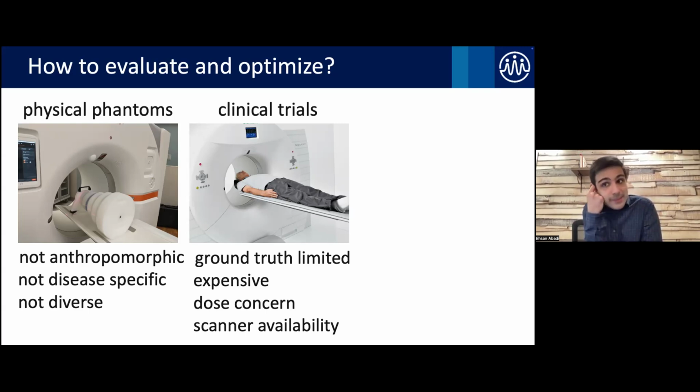These images are expensive to acquire. If you want to study different settings, you need repeated imaging. That's also not viable through patient images. You cannot image a patient three different ways. There's a radiation dose concern. And scanner availability is another challenge. Let's say you want to study a new scanner. You might not have that scanner in your clinic, so you might not be able to do that experiment.